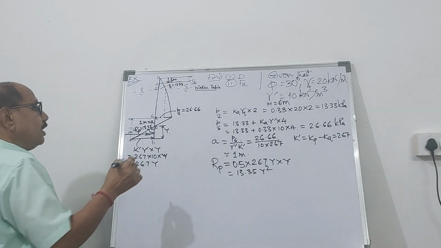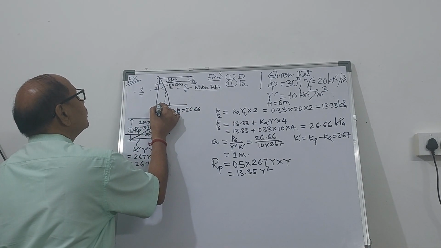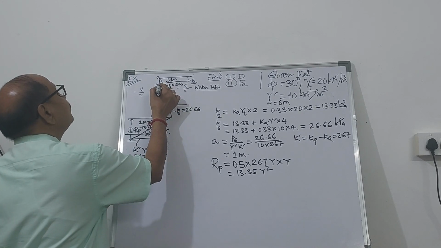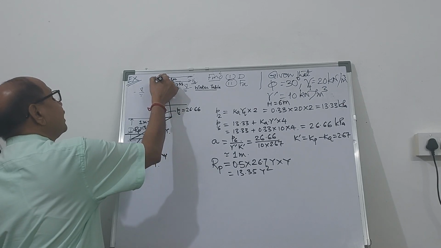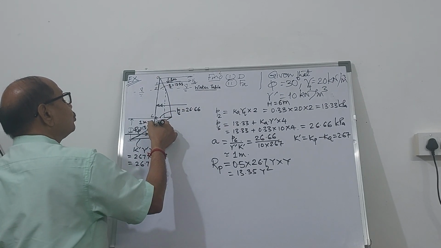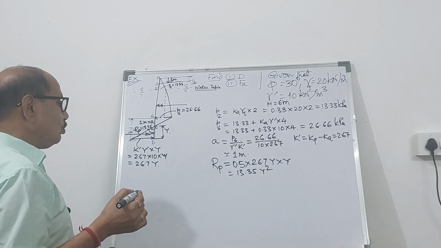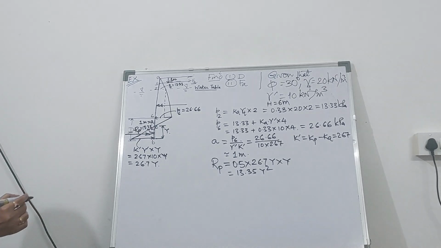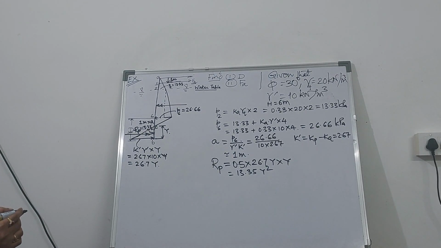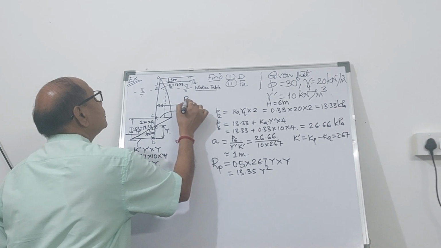Now, let's find out the magnitude of PA. So area of this active earth pressure distribution diagram from A to C can be found out, and you can calculate the area quite easily and find out the value of active thrust.